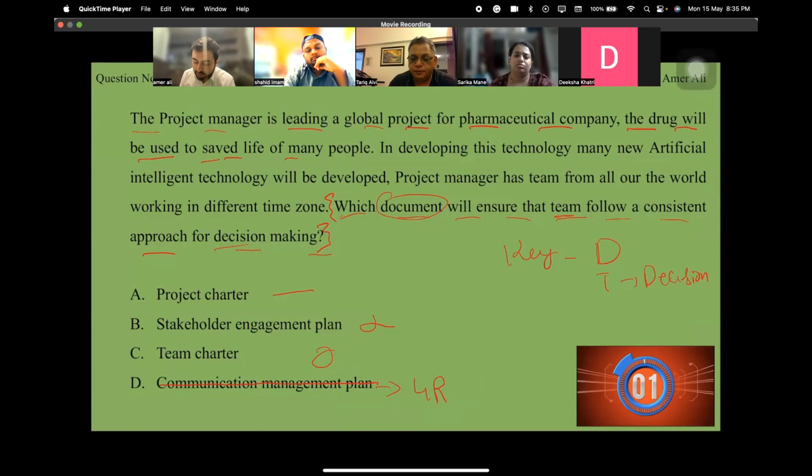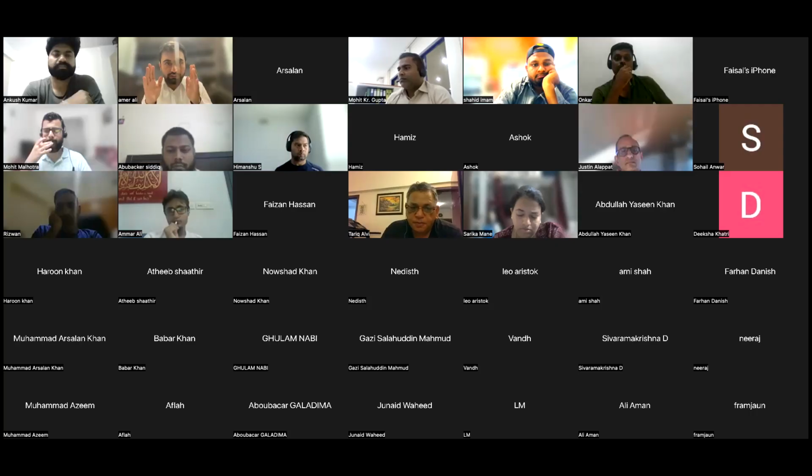In developing it, many new artificial technologies will be developed. The project manager has a team from all over the world working at different times. So which document will be used? This was the only thing that mattered. All that information was unnecessary. The last line was enough, and now I have solved the question.